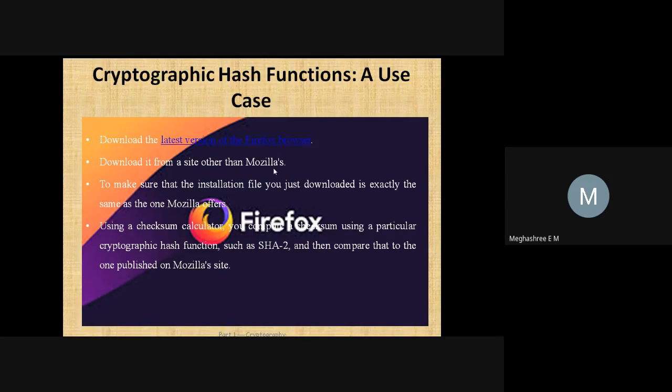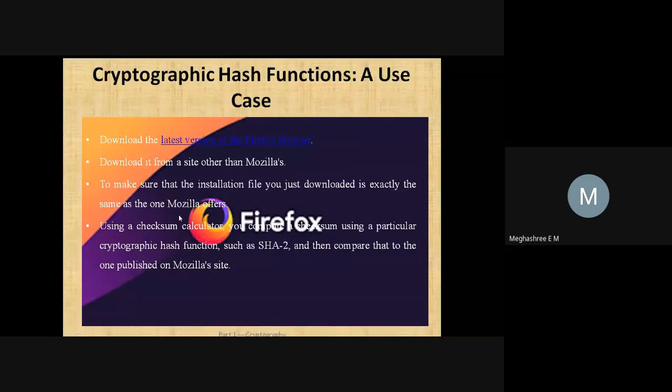So what you can do is use a checksum calculator, where you can compare a checksum using a particular cryptographic hash function. I hope you are able to follow this point.